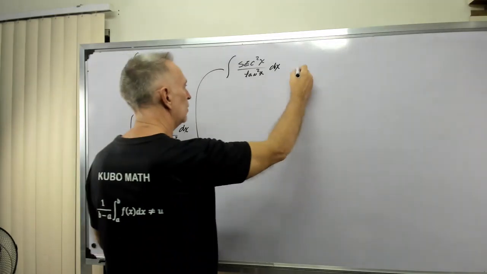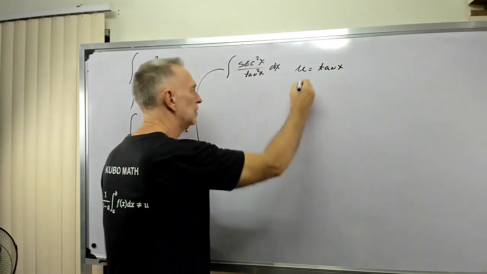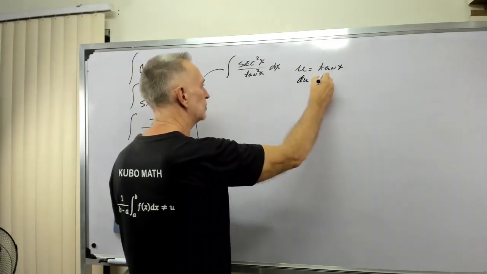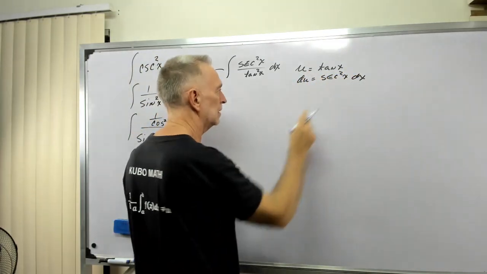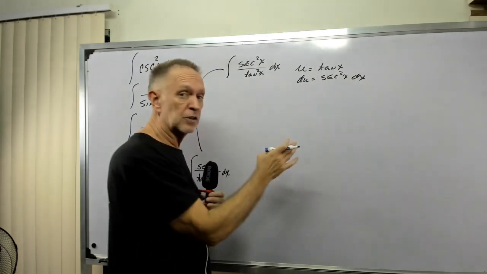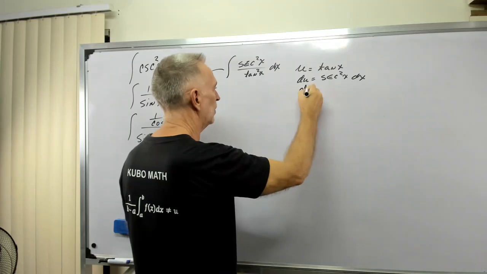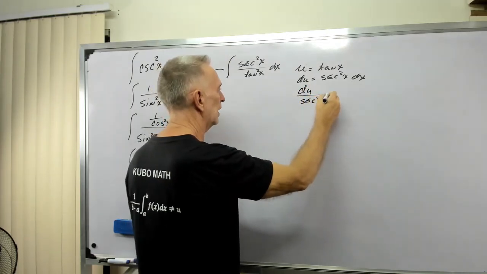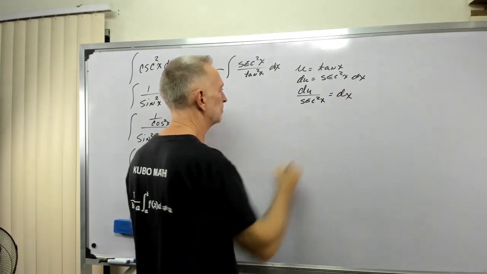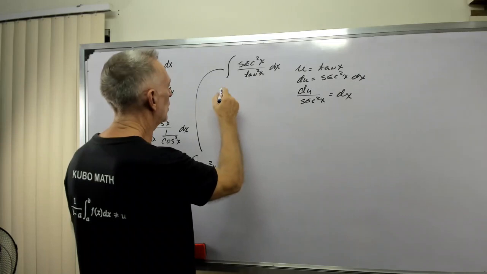So I'm going to let u equal tangent x. Du is secant squared x dx. So if I divide both sides by secant squared x to isolate the dx, I would have du over secant squared x equals dx.